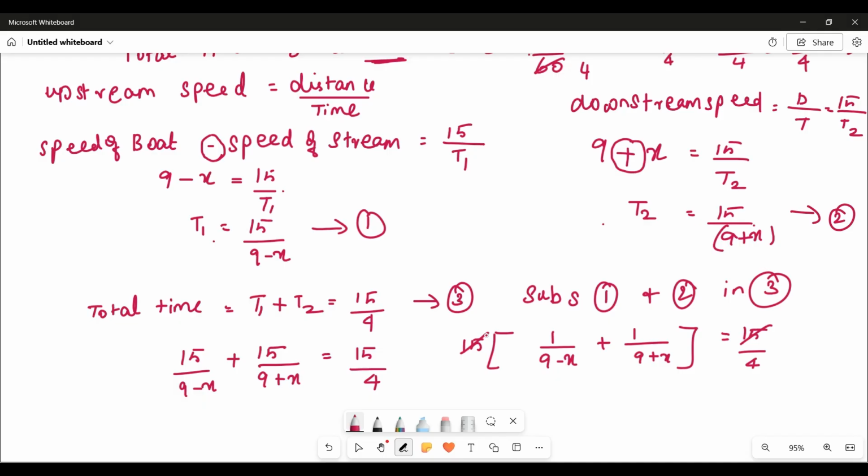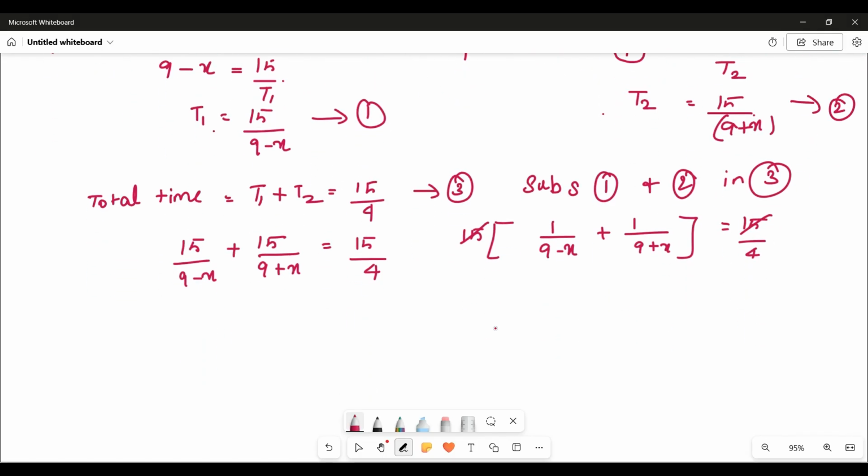So this becomes 1 by 9 minus x plus 1 by 9 plus x. When we take LCM, this becomes 9 plus x plus 9 minus x divided by 9 minus x into 9 plus x, which is of the form a plus b into a minus b. Thus minus x and plus x get cancelled. 9 plus 9 is 18, and I'm transposing the denominator to the other side.